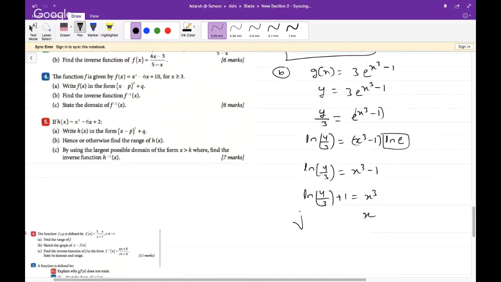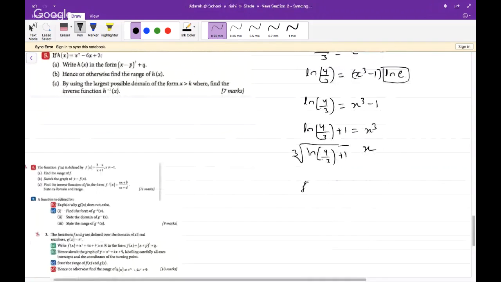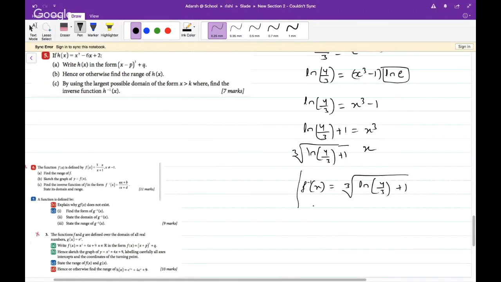So x is equal to cube root of ln of y divided by 3 plus 1. Now interchange x and y. So your g inverse of x is equal to cube root of ln of x divided by 3 plus 1. This is the answer.